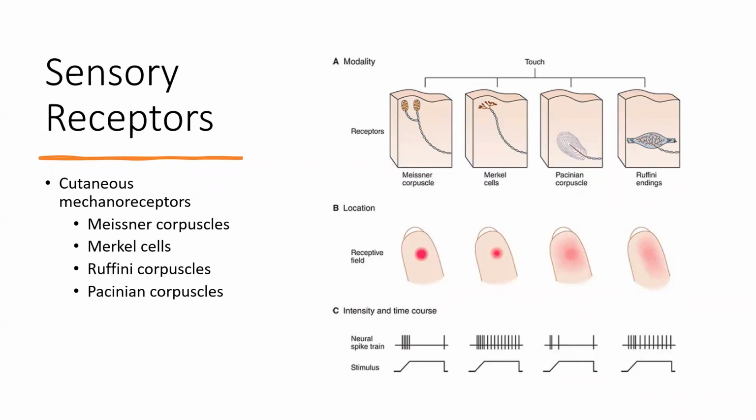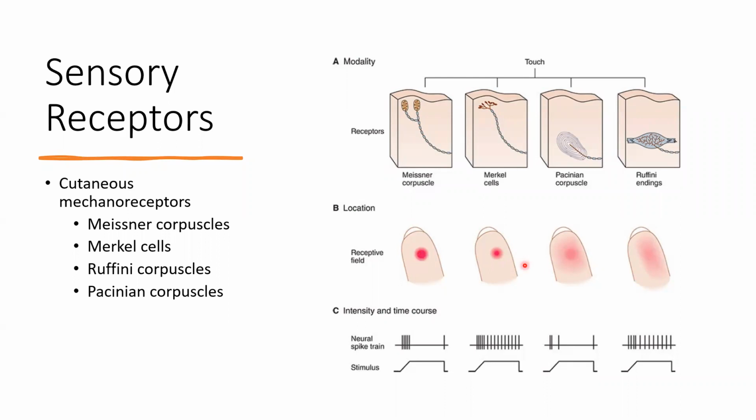A receptor will only fire when the skin close to the sensory terminals is touched, so they only respond if the receptive fields are in close contact with the stimulus.